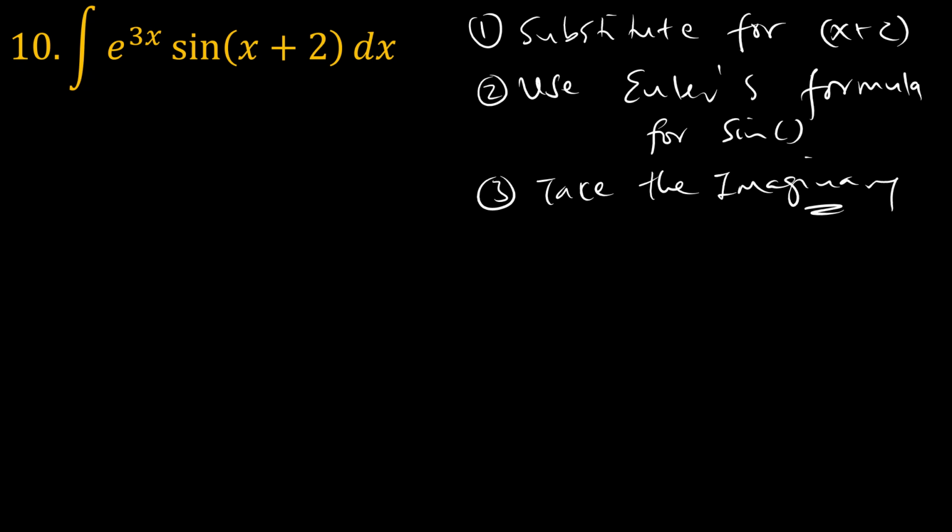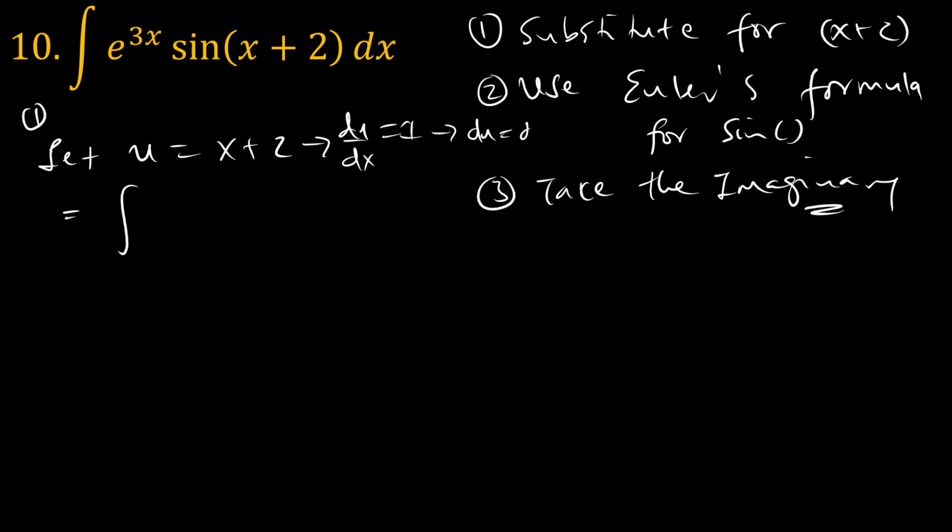So let's begin with step 1. We're going to say let u be equal to x plus 2, right? So our integral becomes, first of all, we have to say du/dx is equal to 1, and that means du can be used to substitute for dx, right?